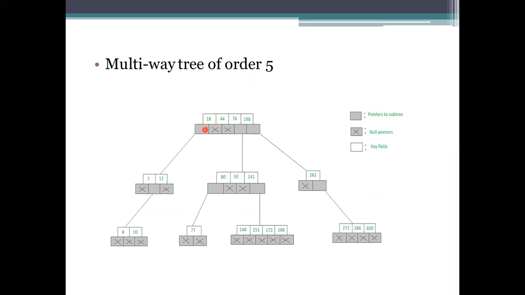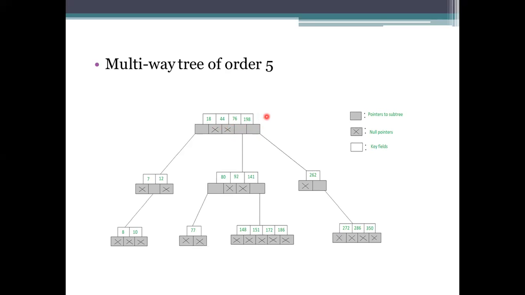This is the left pointer and this is the right pointer. This right pointer will act as the left pointer to the element beside it. Okay, and this right pointer will also act as a left pointer to the next element beside it. That's why we have chosen M as the number of pointers used for pointing to subtrees, and the elements will be M-1 only.